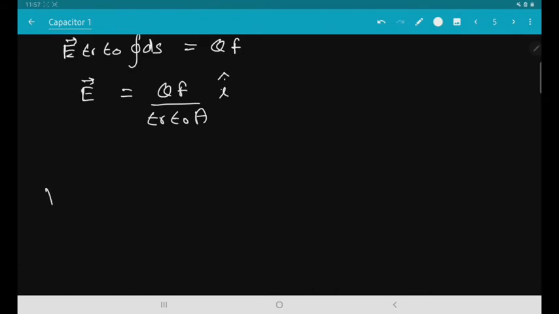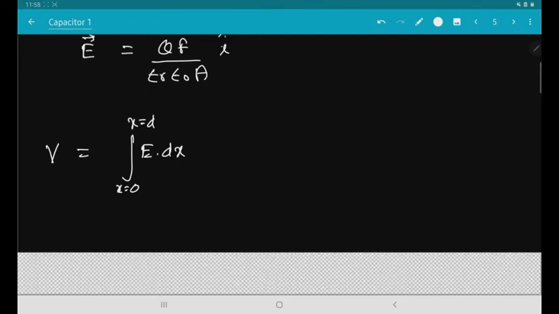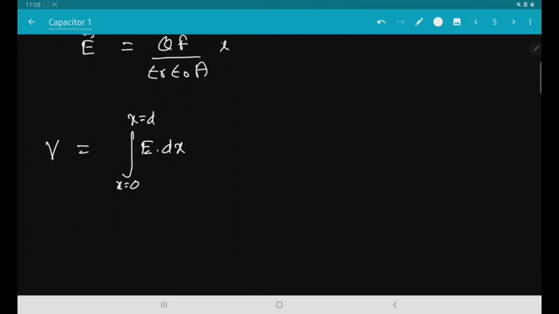From this electric field we can find the potential as we did. It will be E dot dx, because we are considering the horizontal as the x direction. Again we will be moving from x equal to 0 to x equal to d, as the dielectric fully fills the space between the plates, and we are moving in the direction of the field, so we will have a positive sign. Now let us put in the values.